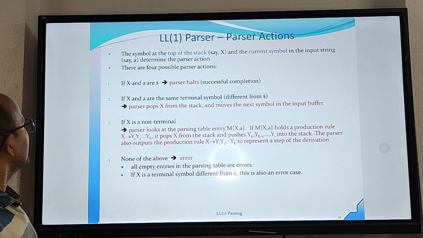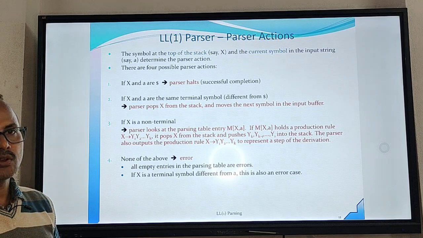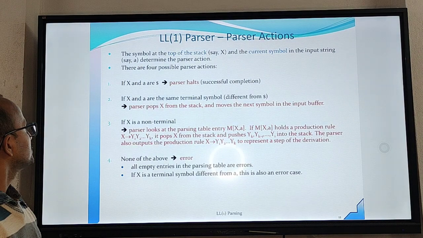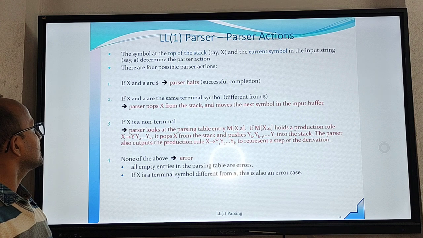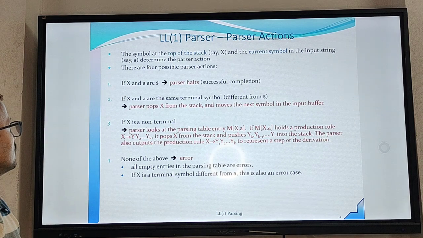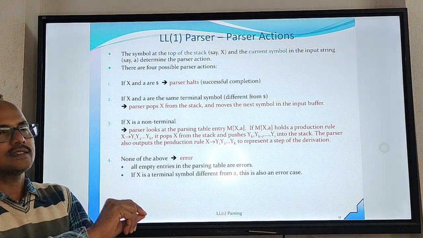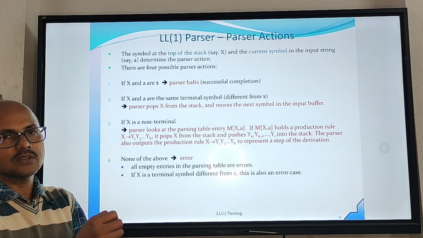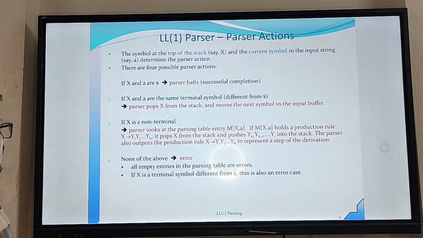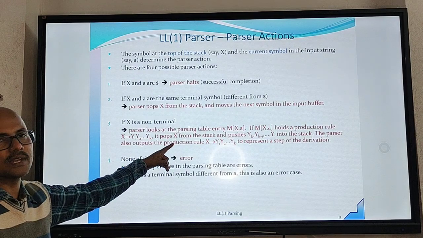If X and a are both $, that means it is a successful completion of parsing your program. If X and a are the same terminal symbol, then the parser pops X from the stack, and at the same time the cursor moves right one position in the input buffer.